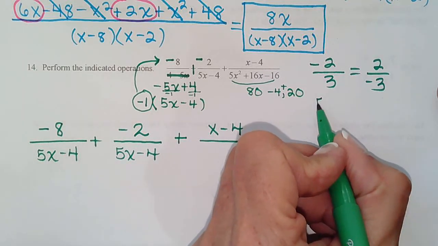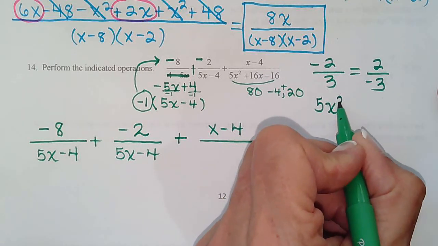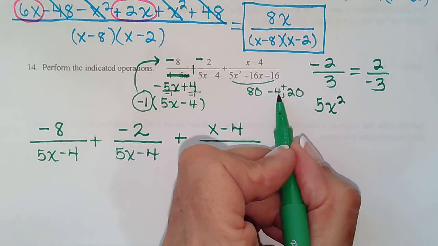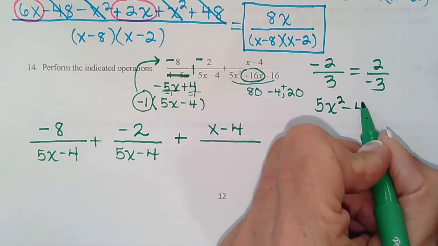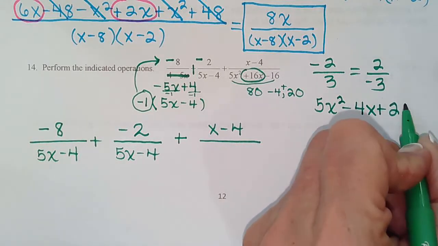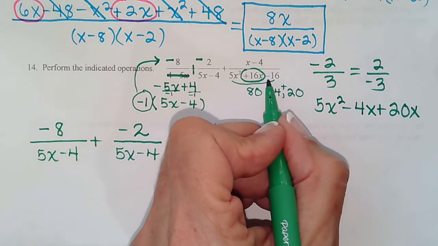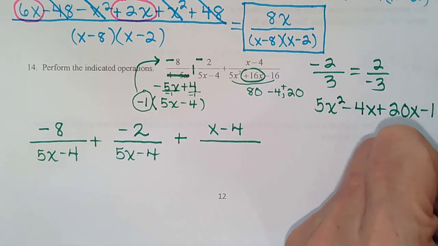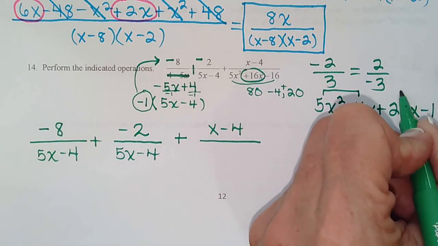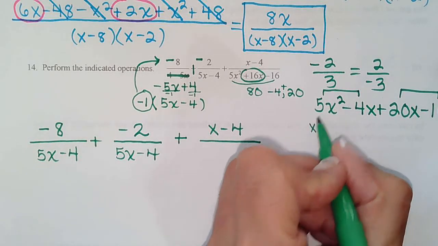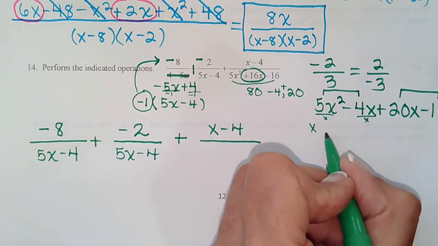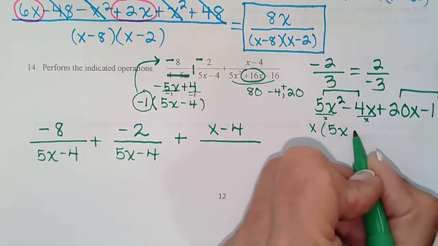So now over here to the side, we have to turn that into 4 terms. 5x squared minus 4x plus 20x, and then minus 16. Then we group, because remember the whole reason we're doing this is to factor. So we take out an x, and we get 5x minus 4.